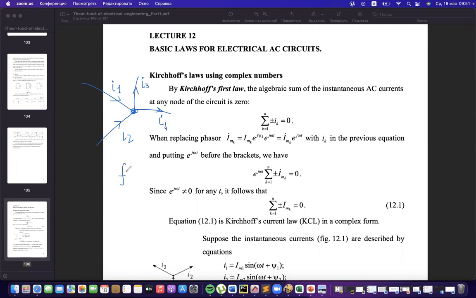Or you could use them as time functions, as sinusoidal values. And at any point of time, for these sinusoidal functions, you could write Kirchhoff's law and it will stay true.